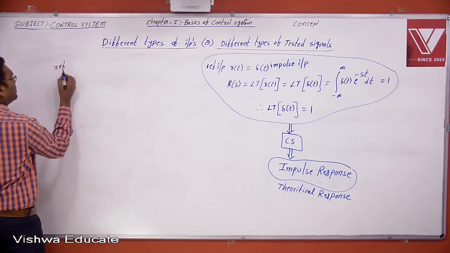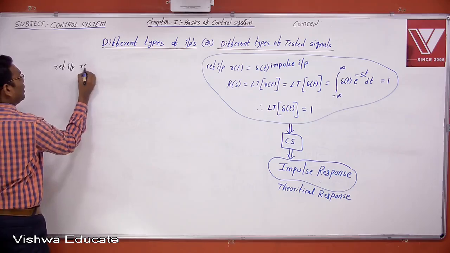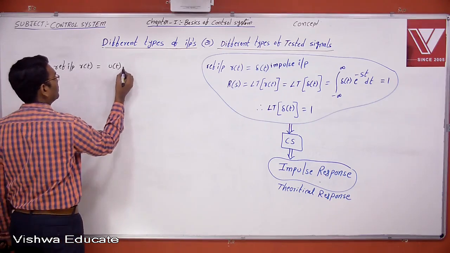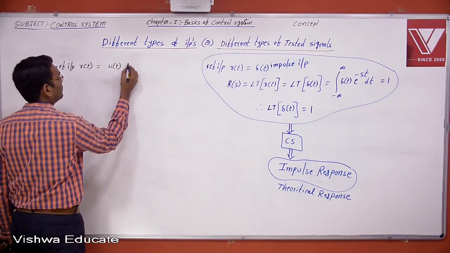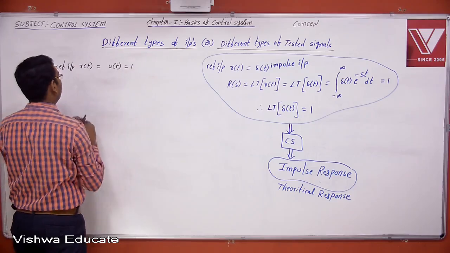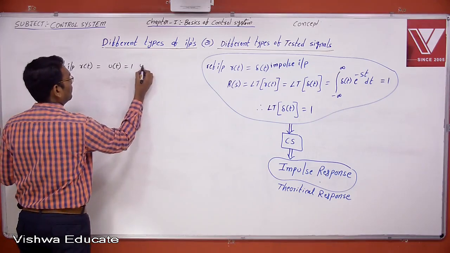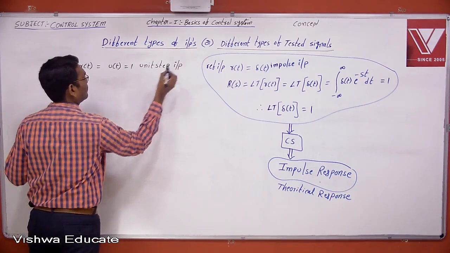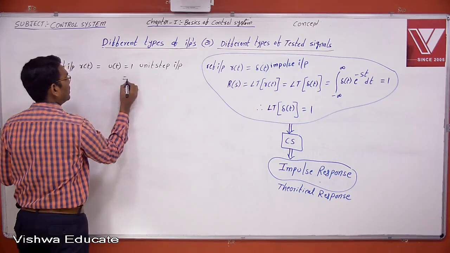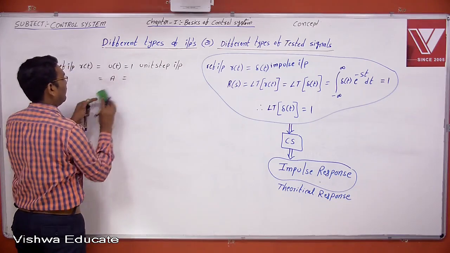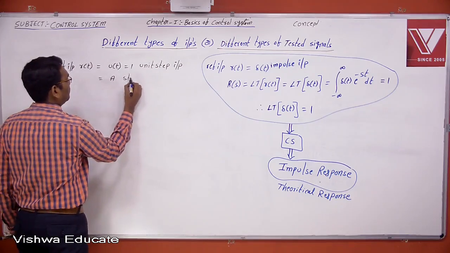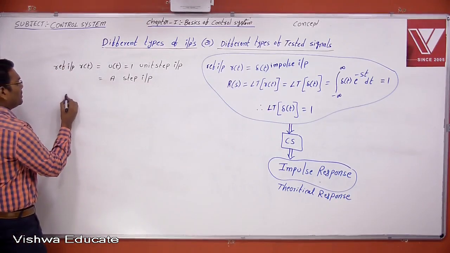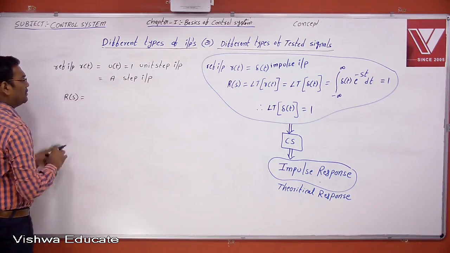The reference input r(t) is equal to u(t), equal to 1, the unit step input, or equal to A, which is nothing but a step input. Therefore, what is R(s)?